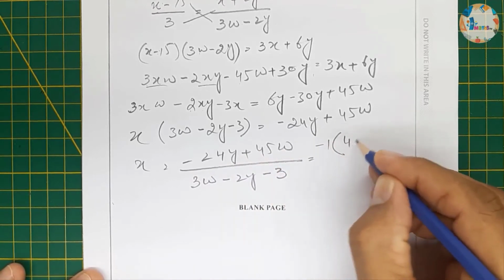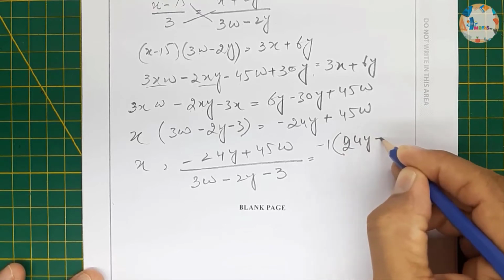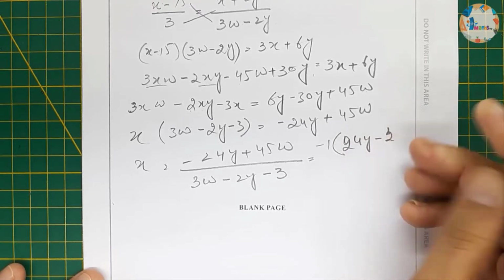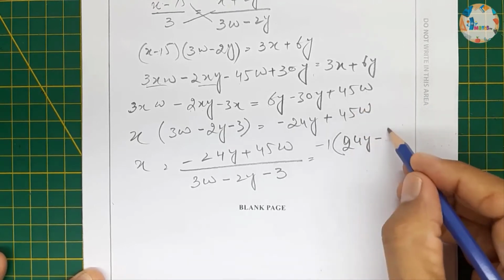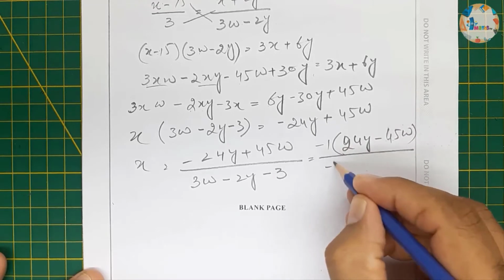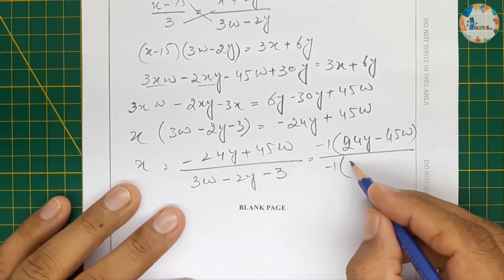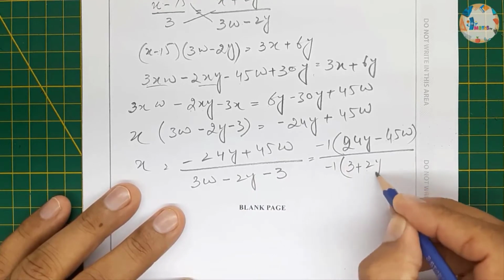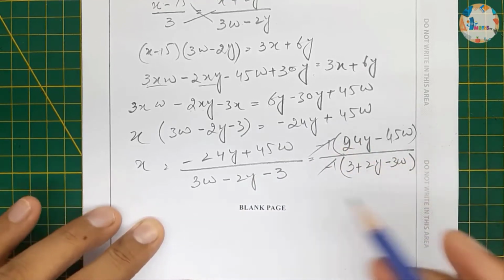This will be 24y minus 45w, and divided by minus 1 we can take common from the denominator, and this will be 3 plus 2y and minus 3w, and this minus 1 will be cancelled with this one.